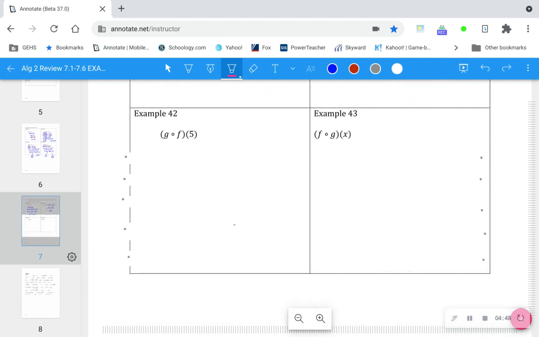So, g of f of 5. All right, by definition, g of f of 5 is g of f of 5. In other words, we find f of 5, and that result then gets plugged into the other one. When you put 5 into function f, you'll remember it was 3x minus 2. You'll multiply 3 times 5 minus 2, and that's going to give 13.